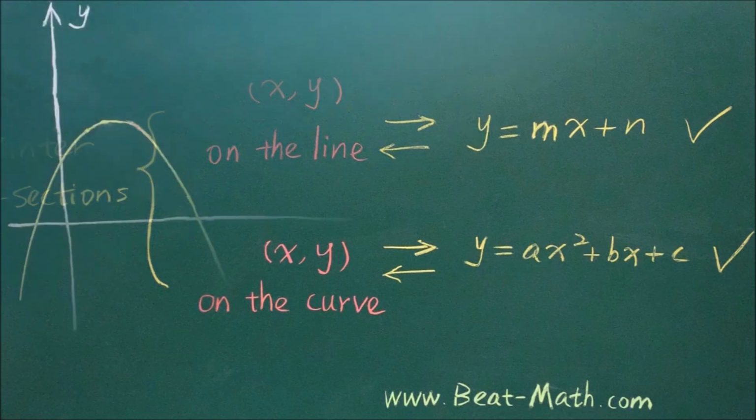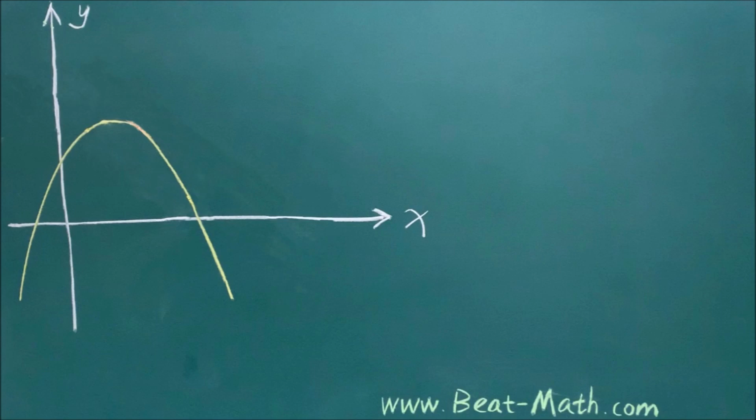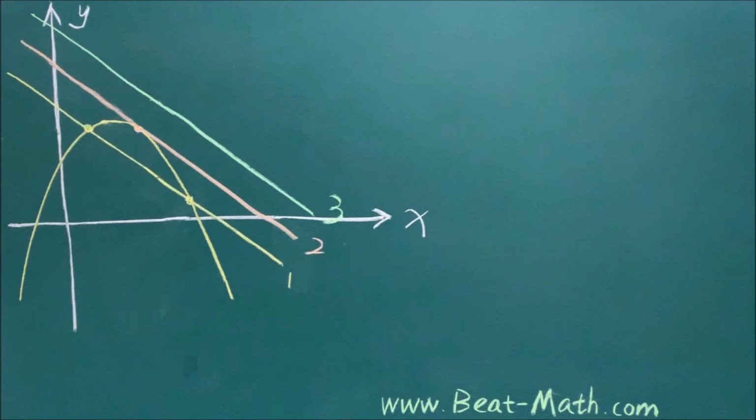If the curve looks like this, we move the line to a different location and see what happens. When the line is at position 1, there are two intersections. When the line is at position 2, it just touches the curve at one point and we call it the tangent line. There is one intersection point.